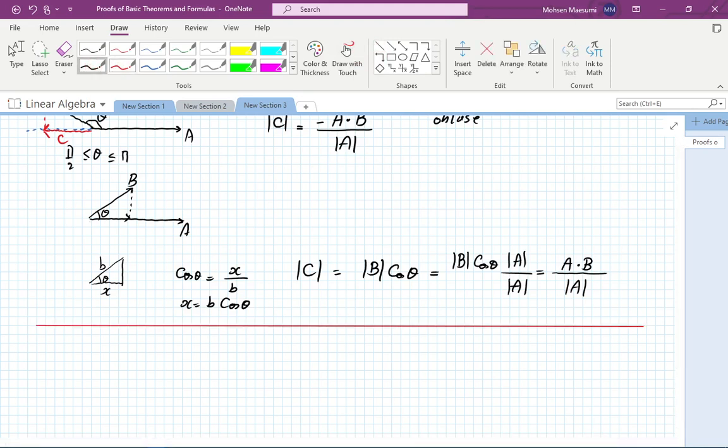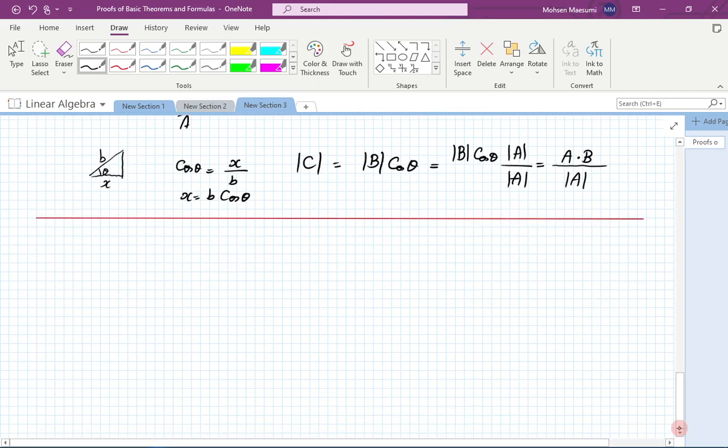Now we actually had the formula for the vector projection, meaning if this is the vector B and this is the vector A, and I want to catch this vector C, not just the length of C. The formula we had was a bit more involved. C, what was it?